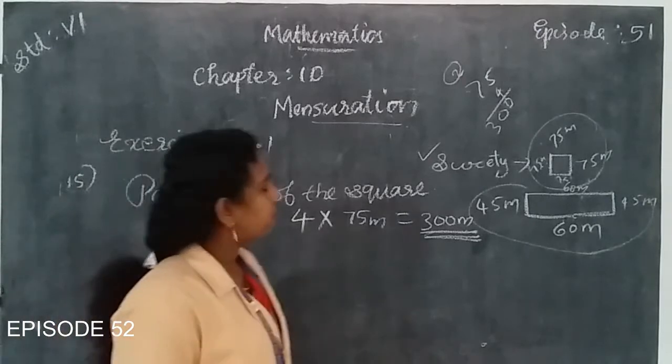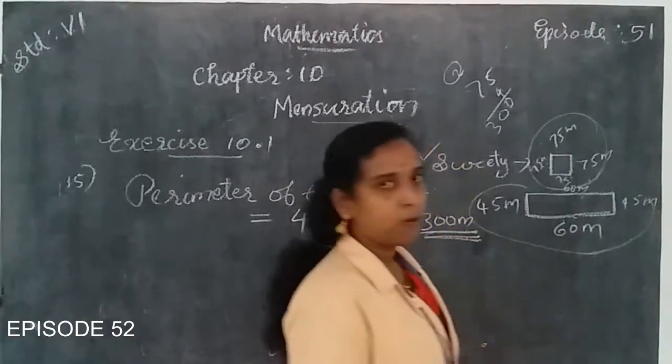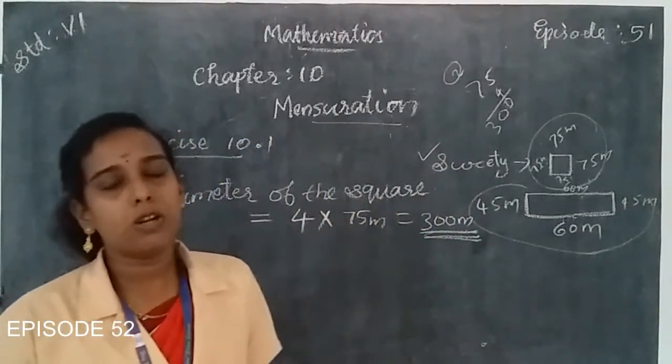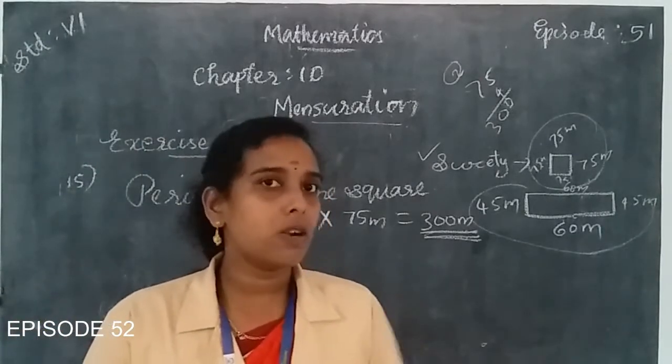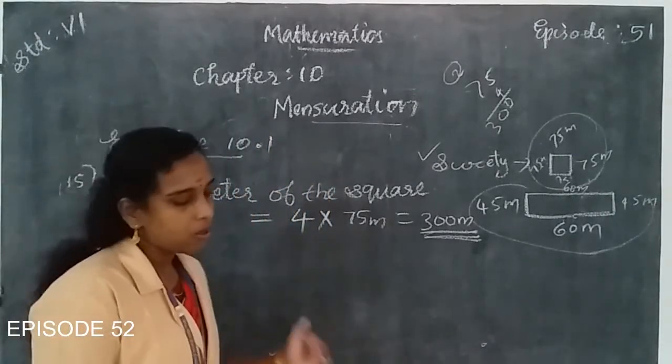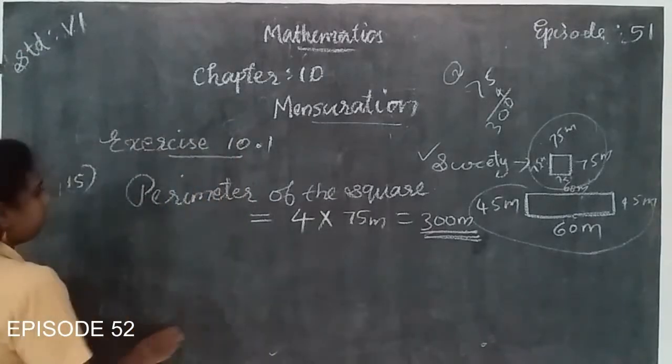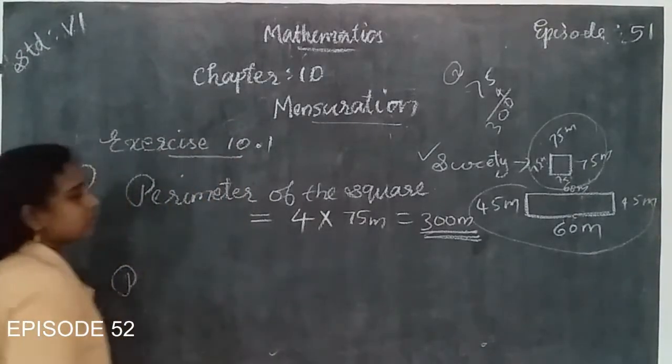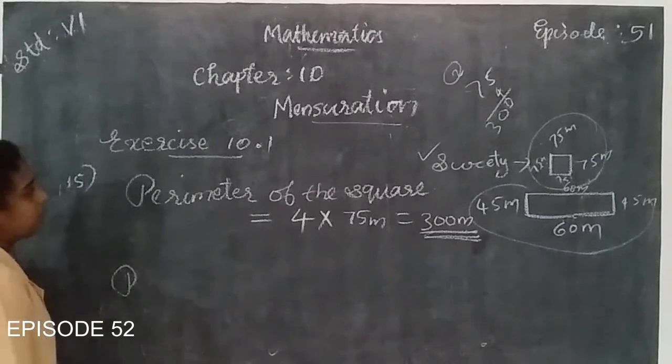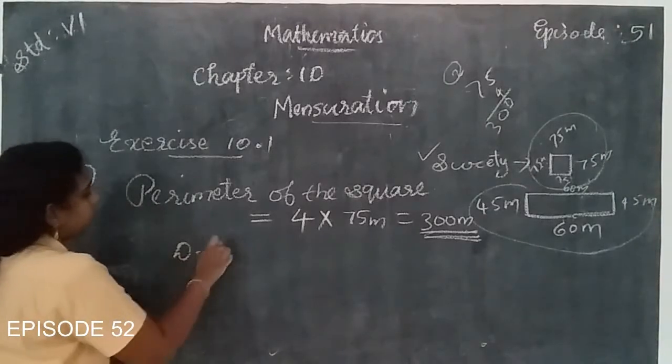Then we want to find the distance covered by Bulbul. To find the distance covered by Bulbul, you just find the perimeter of the rectangle.